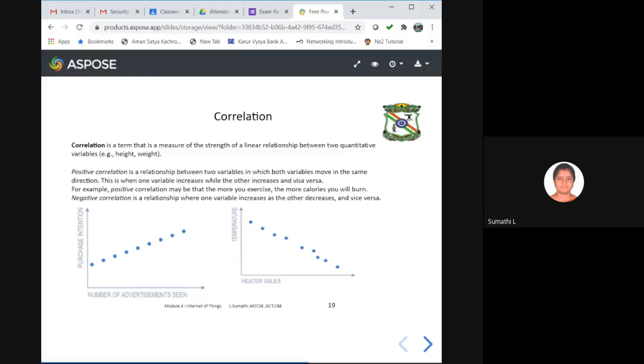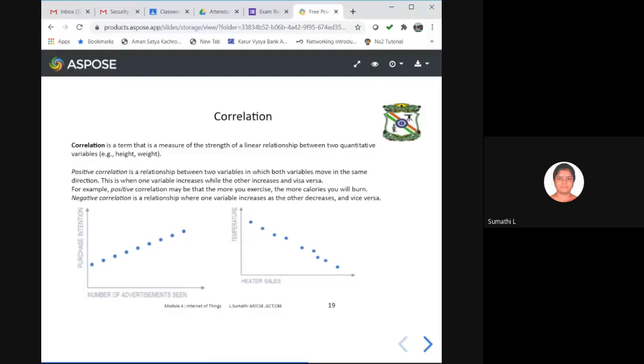Assume my room temperature itself is 18 degrees. Will you switch on the AC? No, first of all, you will not switch on the AC, right? If the temperature is say 30 degrees, you may put the AC on and set it to some temperature. So I can have this as data collection. In other words, based on the temperature of the day, I may buy ice creams.